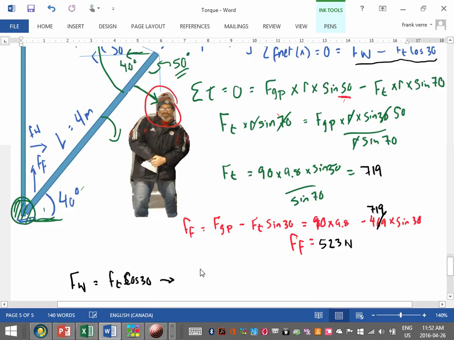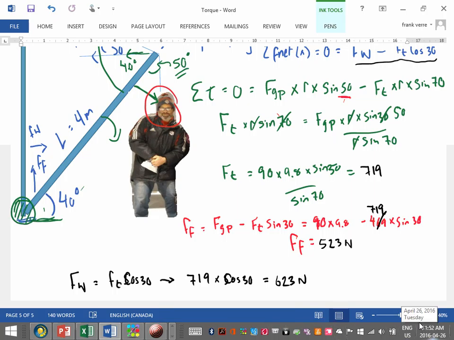Tension is what? 719. So 719 times cosine 30. What would that be? 622.7. Let's round it off to 623. Yeah, you're right. My 50 looks like a 30 there, doesn't it? Okay, so that's it.